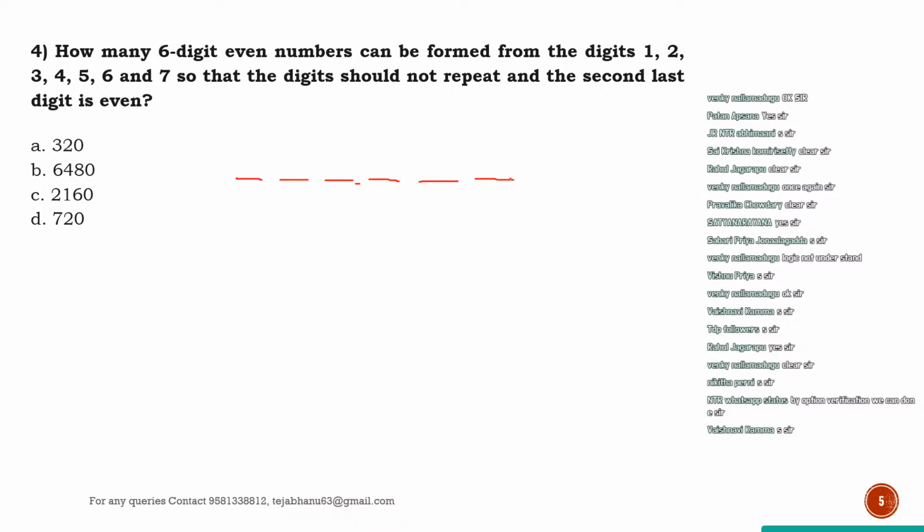I am taking 6 places for the sake of understanding. Last digit: if the number is even, the last digit should be even, either 2, 4, 6. These are the 3 digits that can be accommodated in the last place.